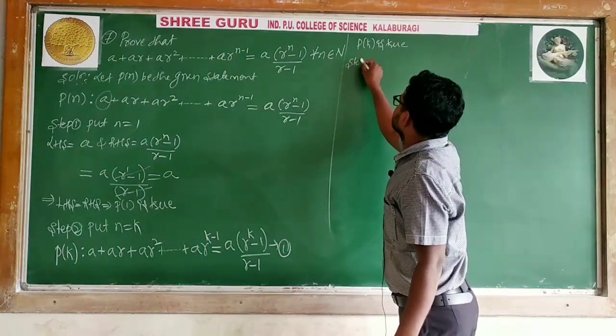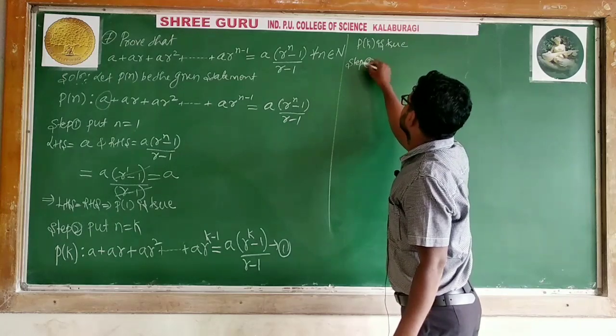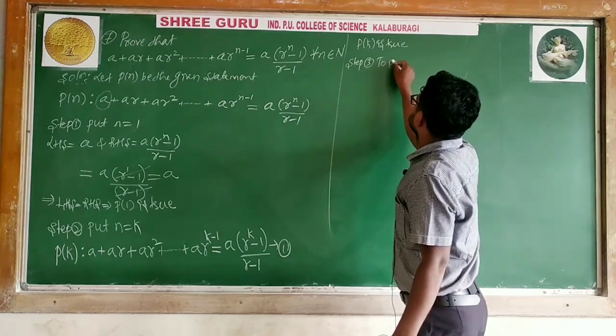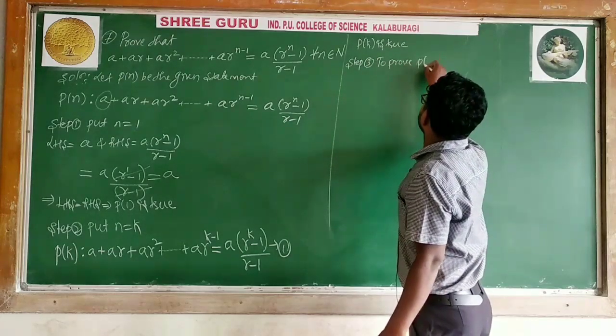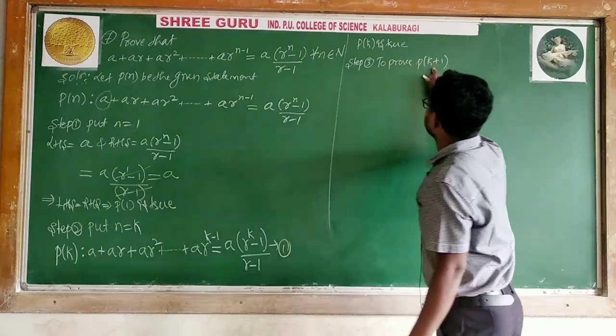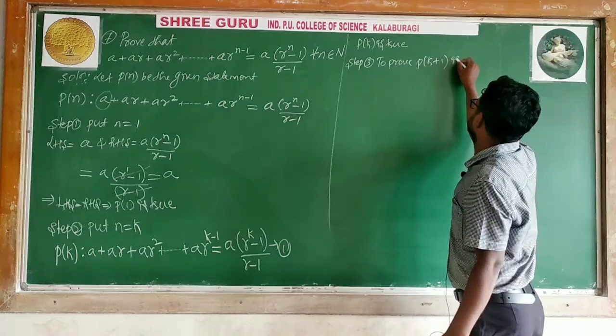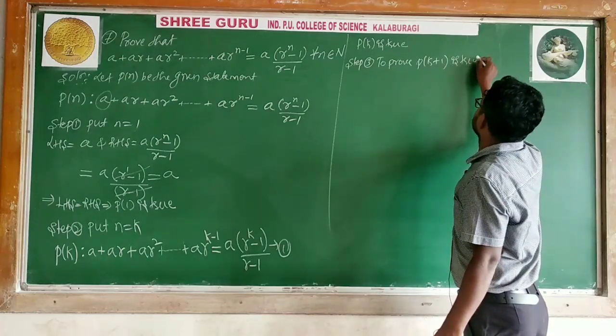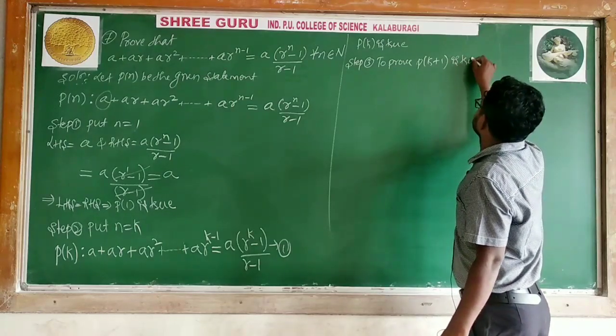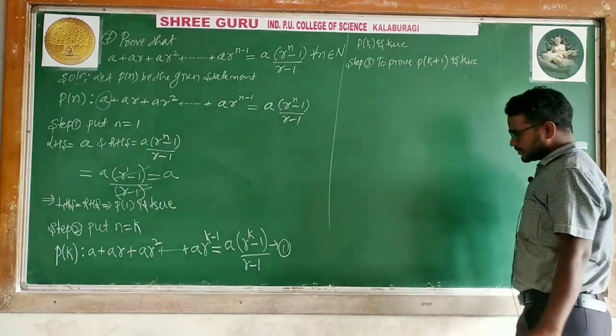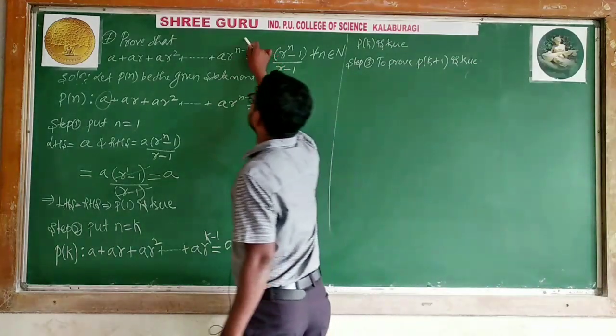Step 3. To prove P of k plus 1, in the place of n we are taking k plus 1. To prove P of k plus 1 is true, you have to decide the addition term on the basis of the last term.